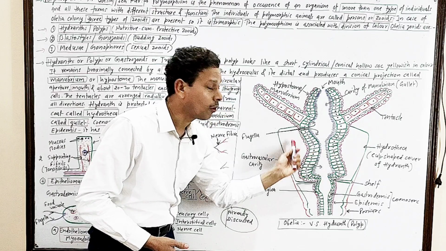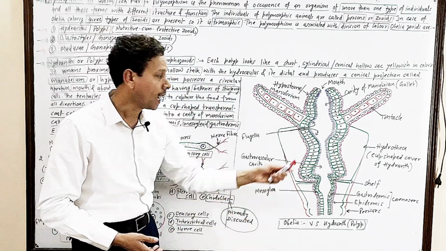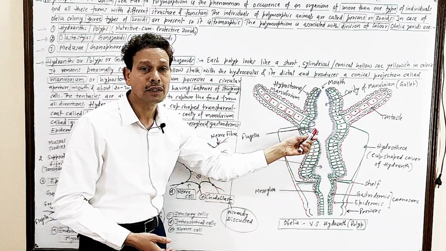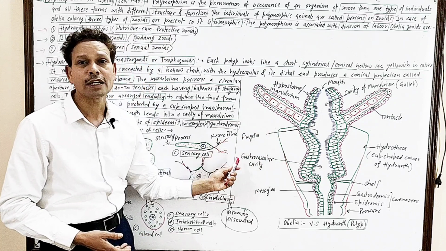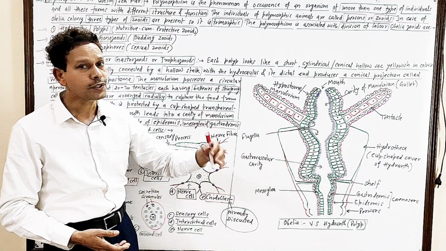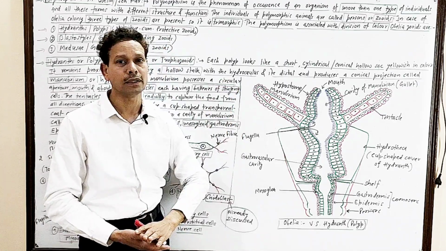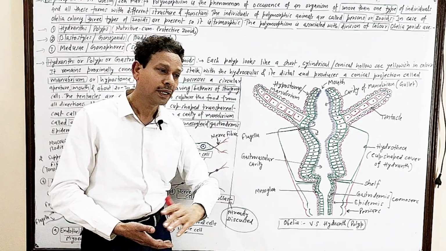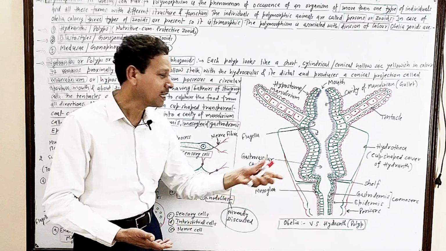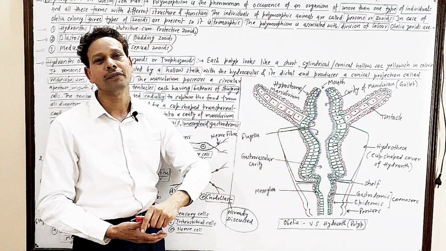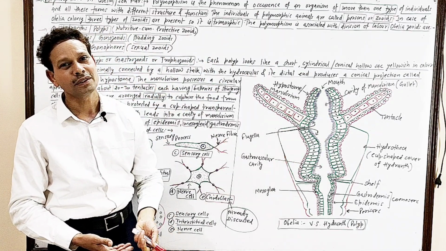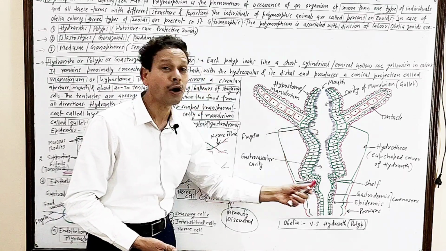Its general body cavity is the gastrovascular cavity, as this cavity is involved in digestion of food as well as vascular, means circulation of fluid food that takes place in this body cavity.